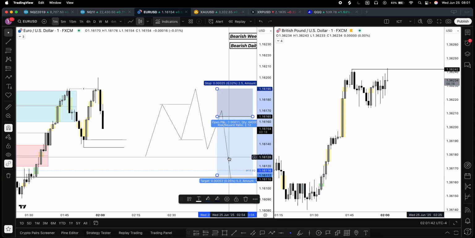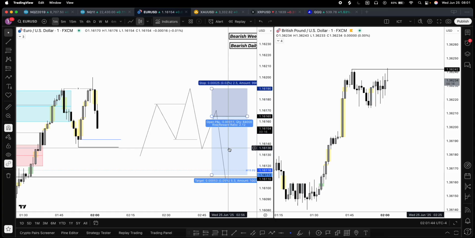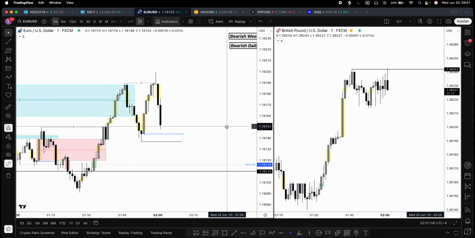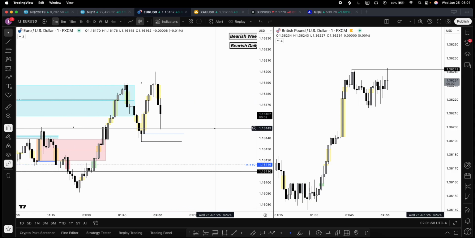Target 2R. 2R stands for risk reward. So 2R, 2 times reward, 2 times risk. So we risk 1% to make 2%.